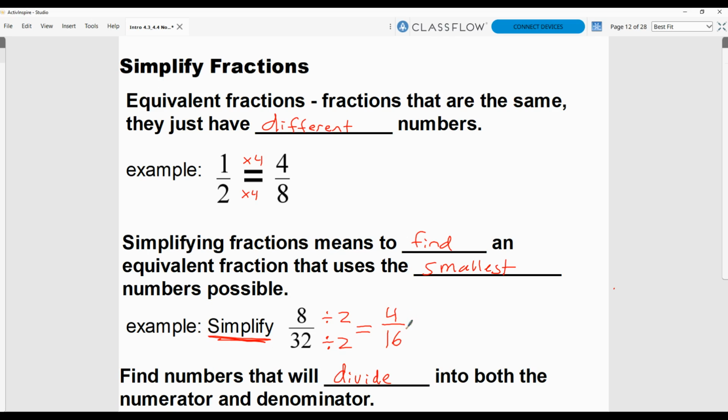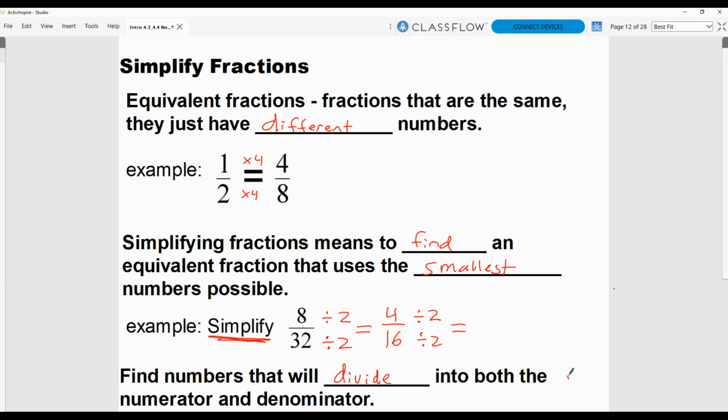So you take a look at your answer you got and see if you can divide that again. Okay, so if I take a look at 4 and 16, these are both even. I know that I can divide both of them by 2 again.